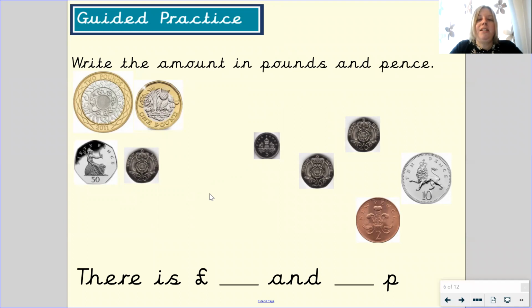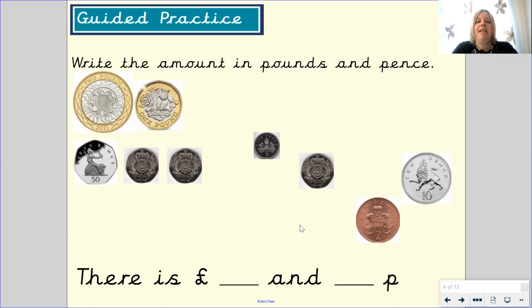We have 70 pence. So we need to keep going to see if we can make 100 pence. I'm going to take another 20 pence coin. If I add that to the 70 pence, how much do I have? I have 90 pence.